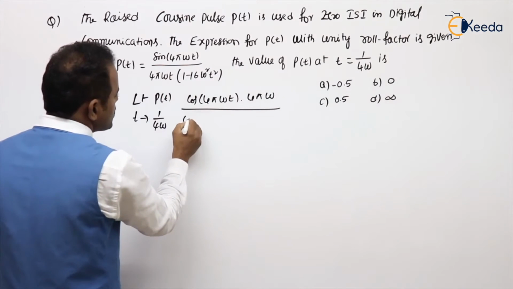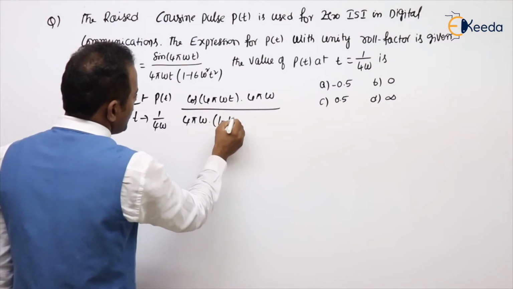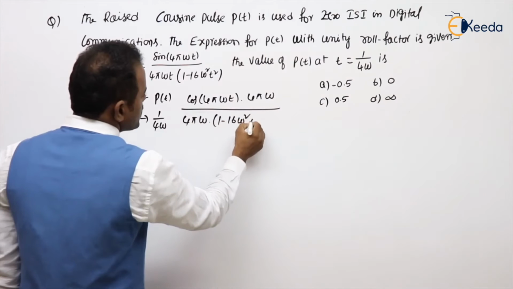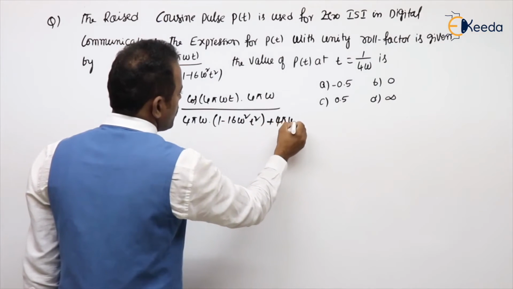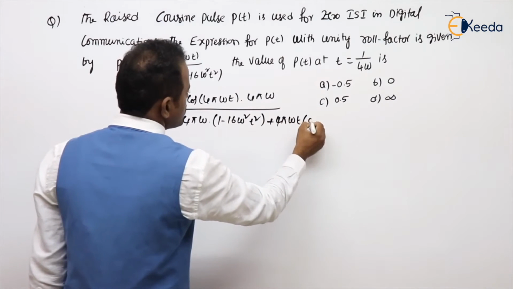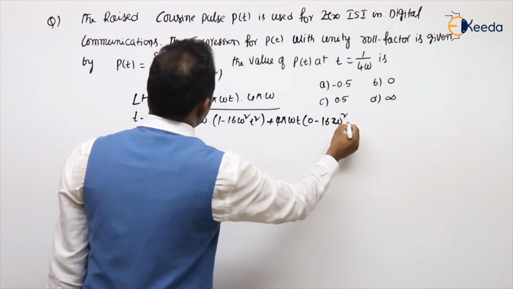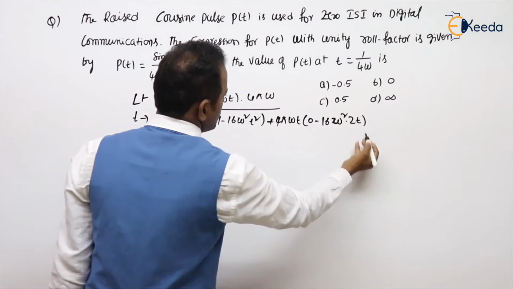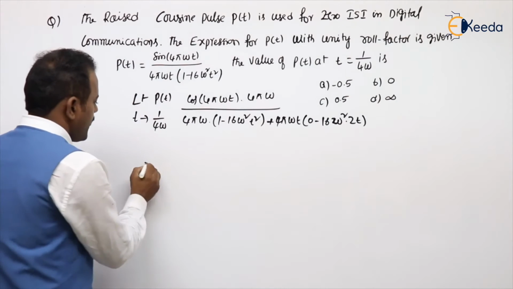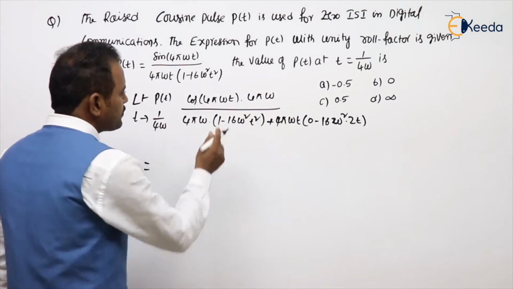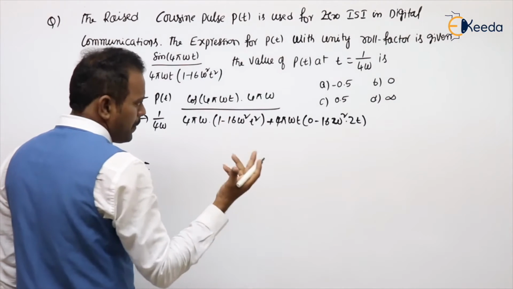First I am doing for this: 4 pi omega t is 1 into 1 minus 16 omega square t square, plus keep the first term as it is, 4 pi omega t, and differentiate the second term: 1 is 0, minus 16 omega square constant, t square will be 2t. Substitute this 1 by 4 omega value. Then this will be cos pi, and cos pi value is minus 1.